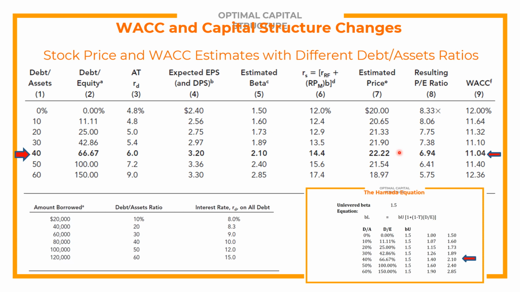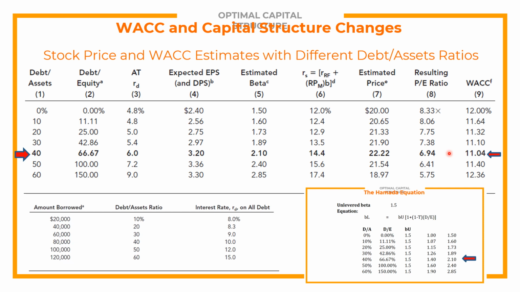The dividend per share, 3.20, divided by 14.4%, gives a stock price of 22.22. So we have the price earnings ratio of 26.94 times, derived from 22.22 divided by 3.20.